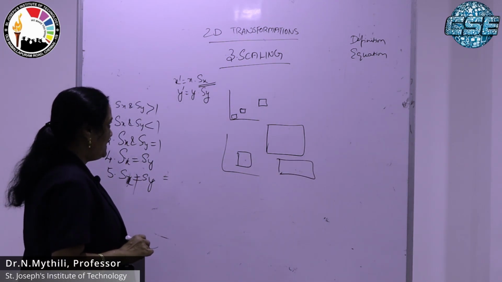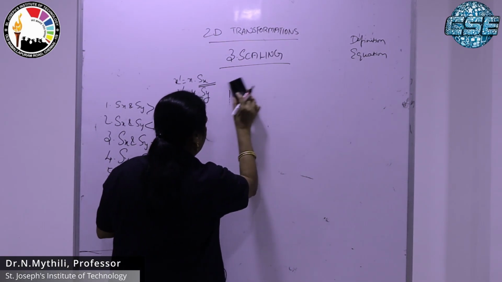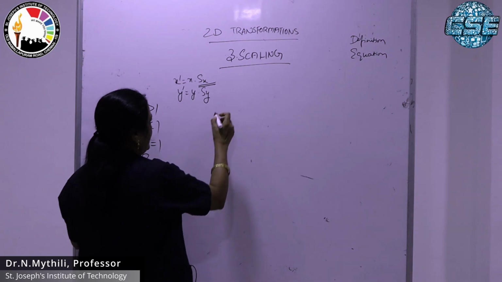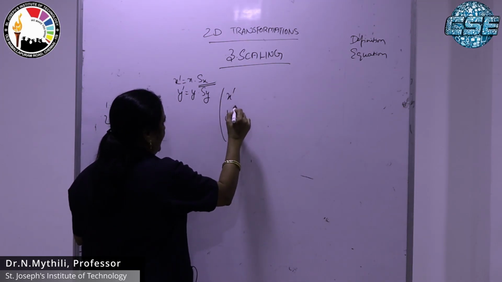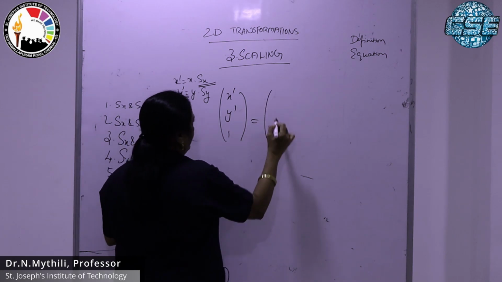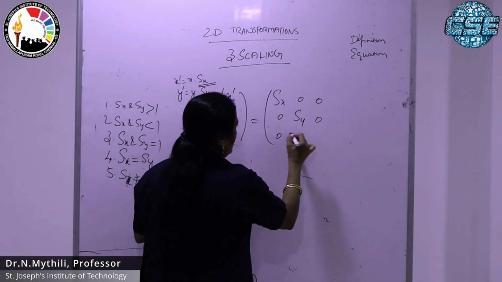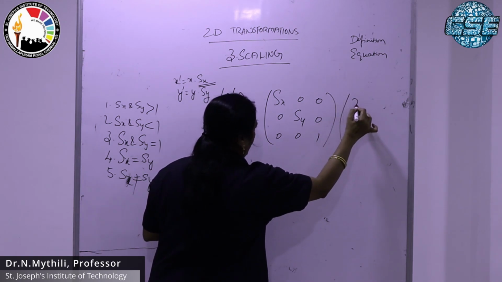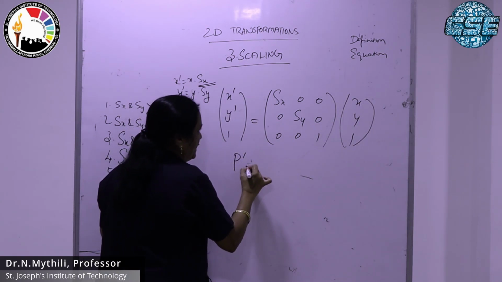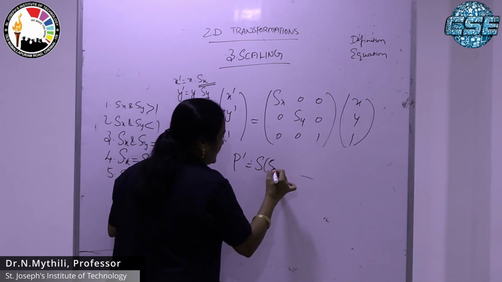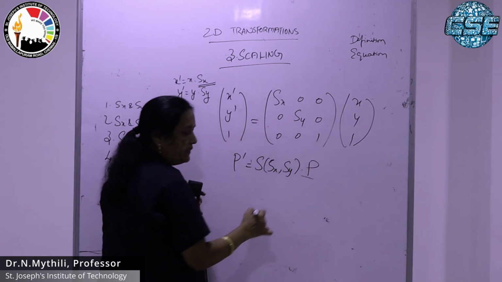Now the matrix representation in 3-dimensional way is x dash y dash 1 is equal to sx 0 0, 0 sy 0, 0 0 1, into x y 1, right. So in the abbreviated form, p dash is equal to s of sx comma sy into p, right.